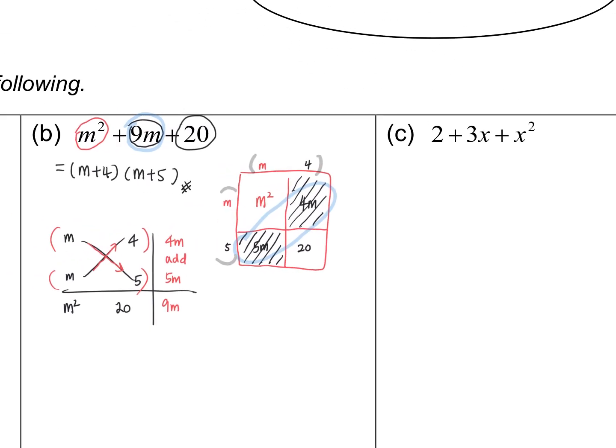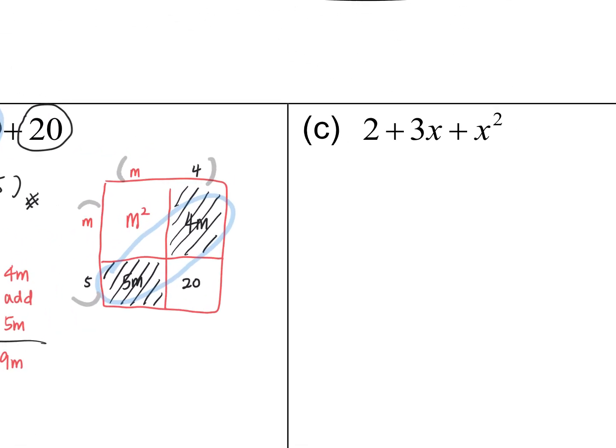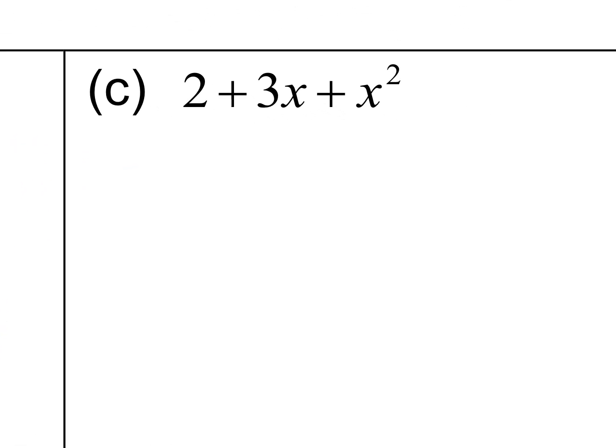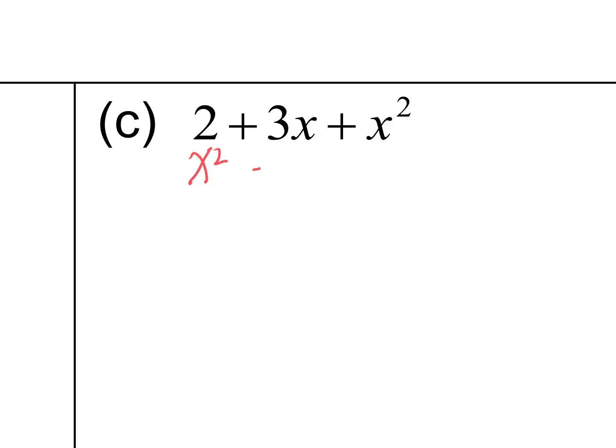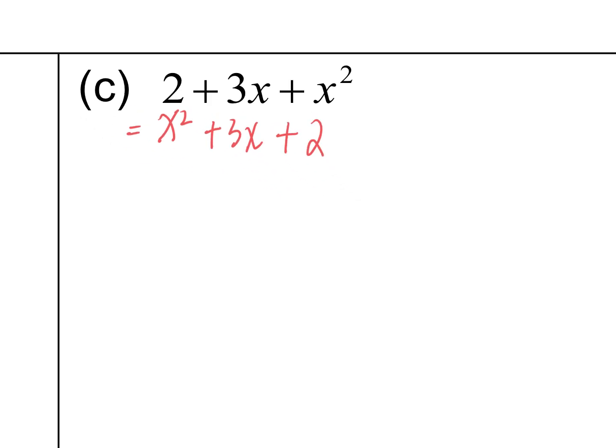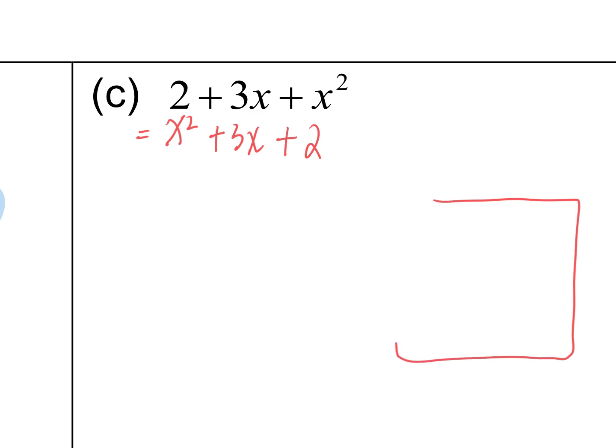Okay, next one. This one, they never arrange nicely for you. You can always rewrite it. Sometimes they like to mess things around, but never mind, you just rearrange yourself. So go and draw the model. This must be x and x.